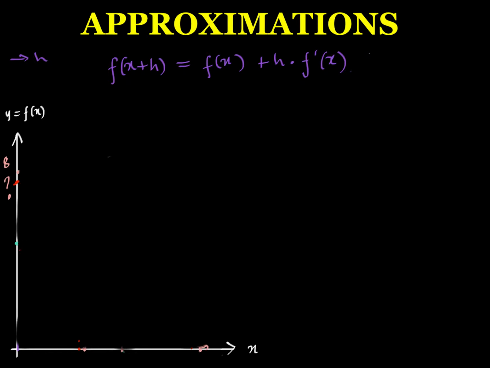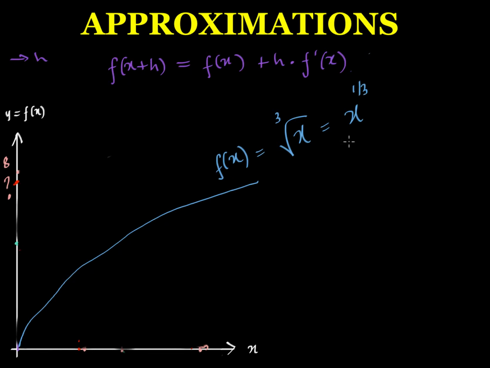Alright, so let me just draw the function in a good color. And this is also ever increasing, because as x increases, cube root of x has to increase. So this is cube root of x, which can also be written as x to the 1 by 3. Now, according to the approximation formula, what is f dash of x?